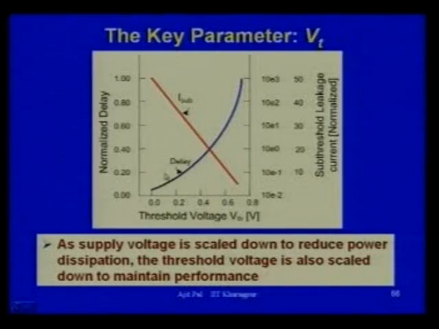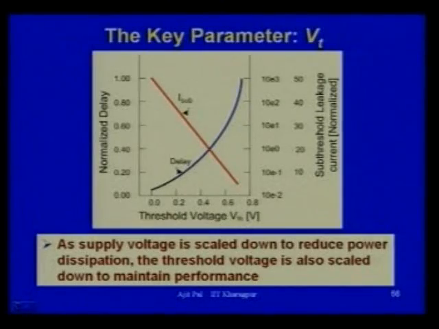You can see leakage power is heavily dependent on the threshold voltage, and normally we have seen that whenever we do dynamic voltage scaling, the threshold voltage remains the same.